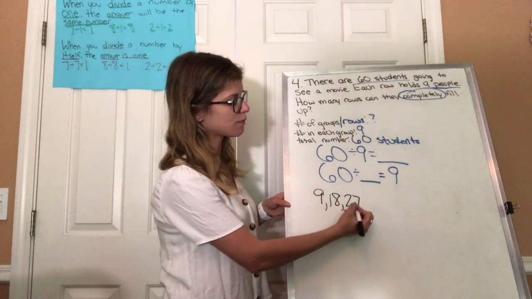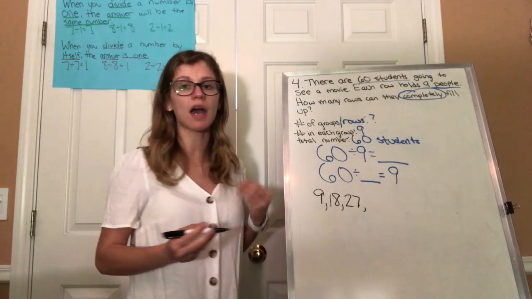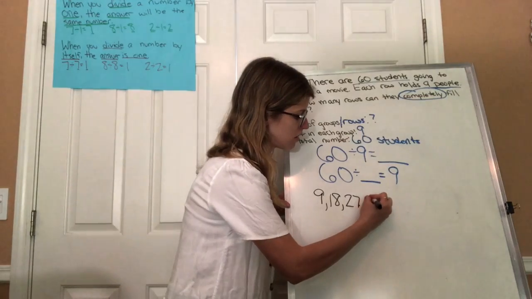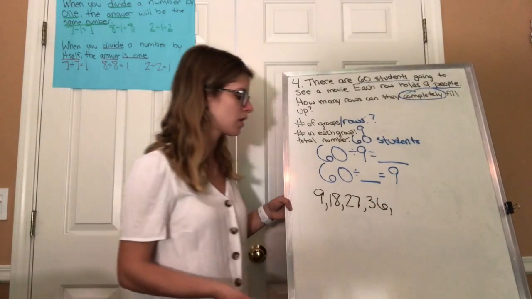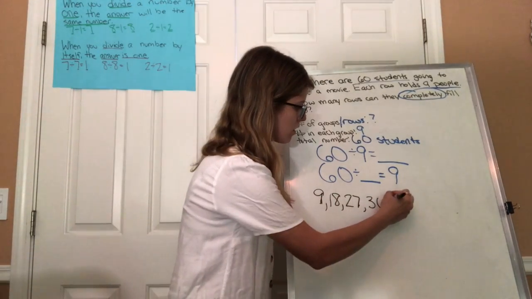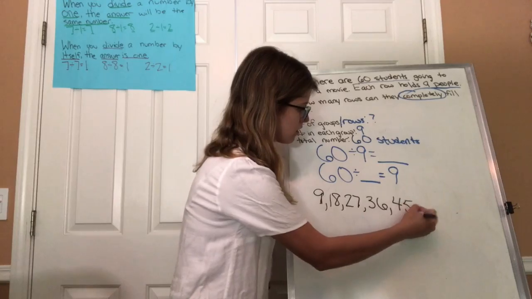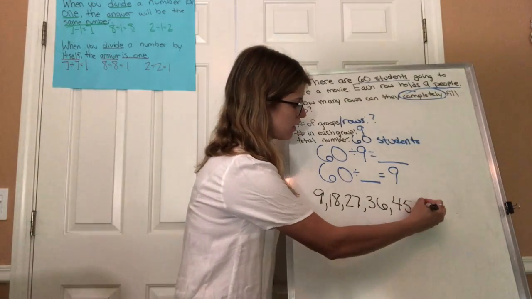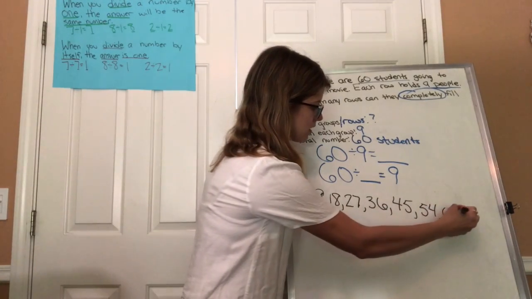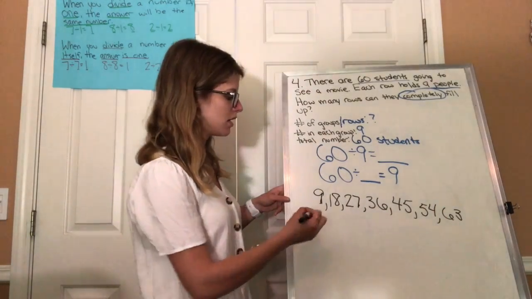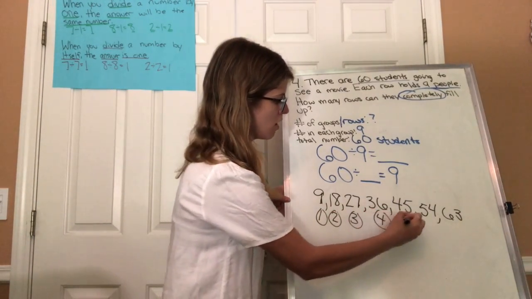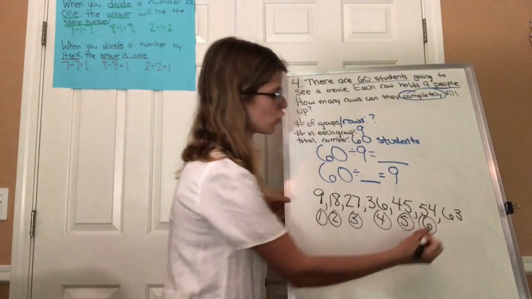Or I could just think 9 times 3 is 27. 9 times 4 is 36. 9 times 5 is 45. 9 times 6 is 54. 9 times 7 is 63. And I realize that I have 1, 2, 3, 4, 5, 6 groups.